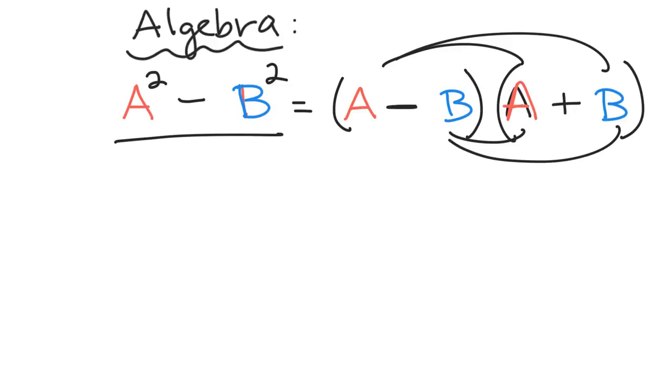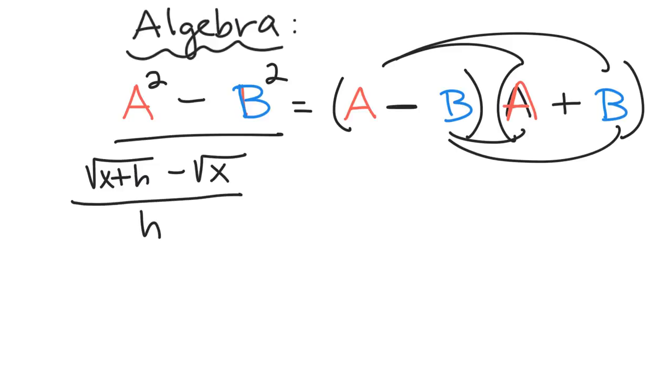So there we go. Now how are we going to make use of this particular formula? Well, let's take a look at this. We know that we're in trouble when we let h go to 0, but let's do what we call rationalize the numerator.